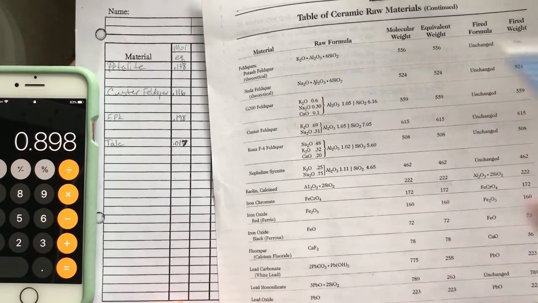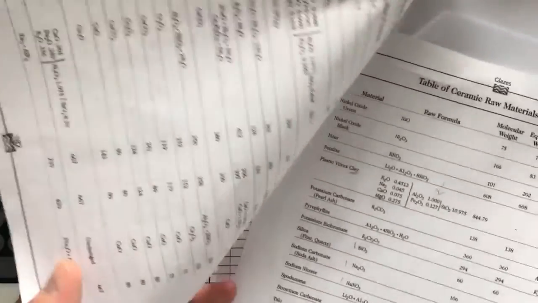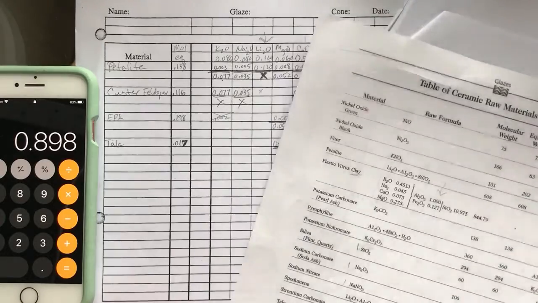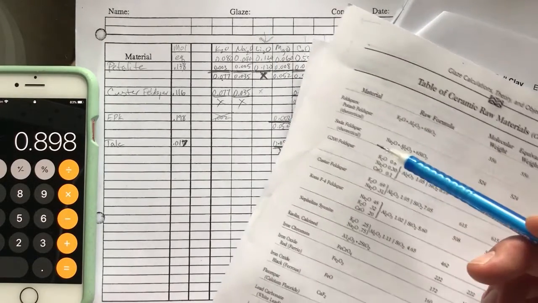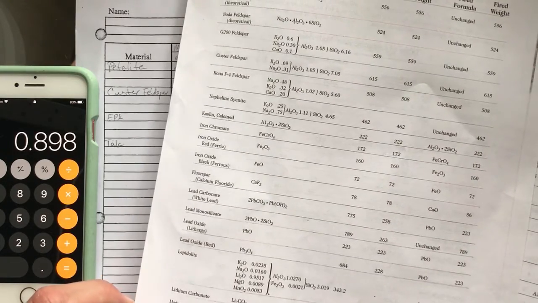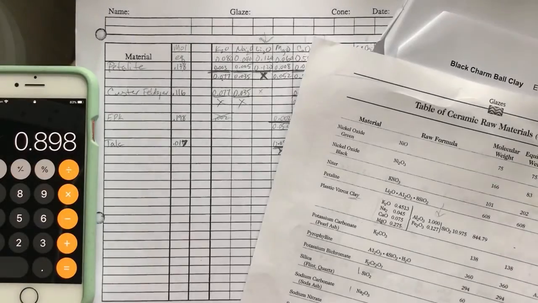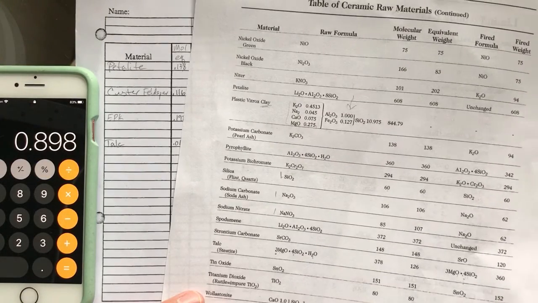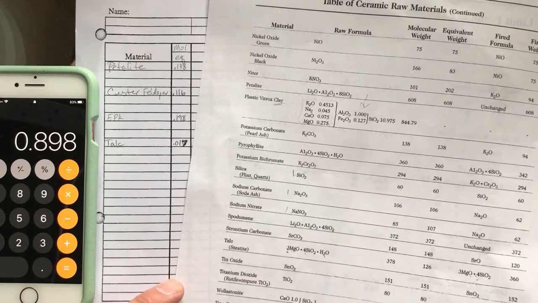Okay. Where's dolomite? Why is there no dolomite down here? Cryolite? Feldspars? I don't know why dolomite's not on here.